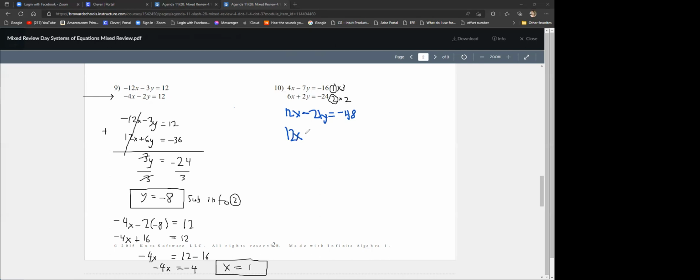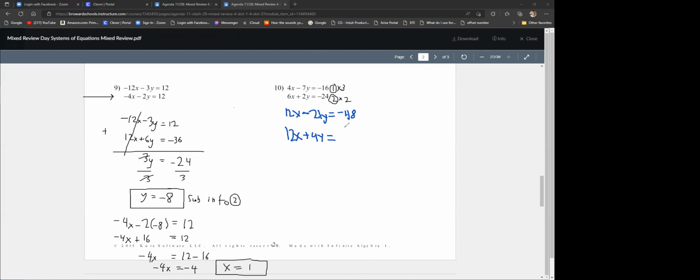Good. 2y times 2. There's plus 4y equals what? 8. 4y equals negative 24 times 2.